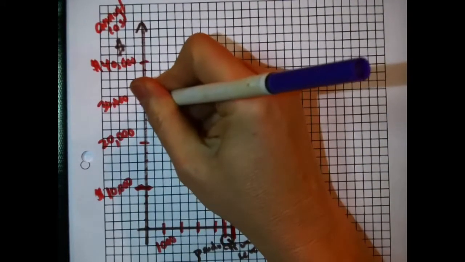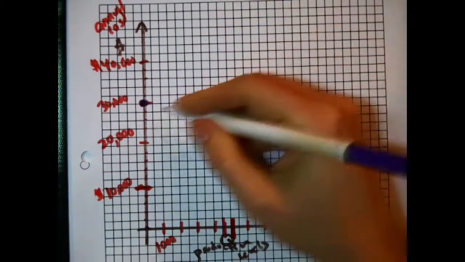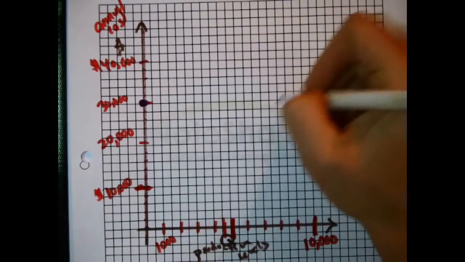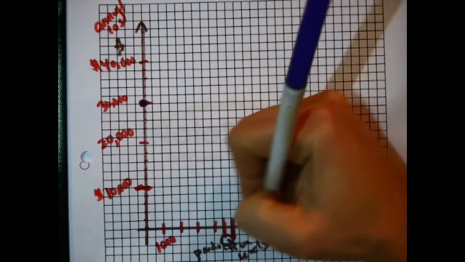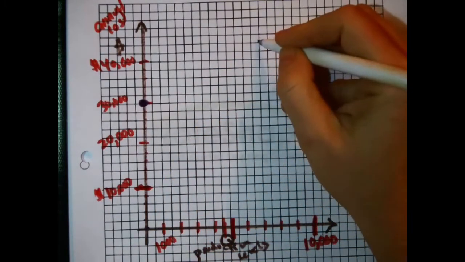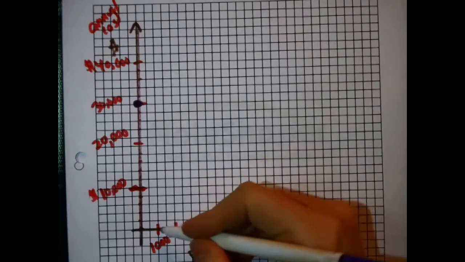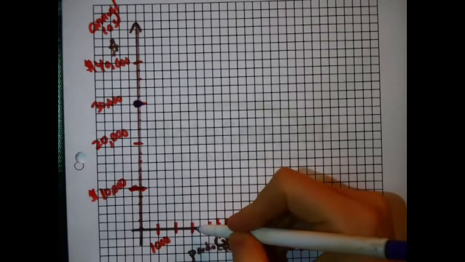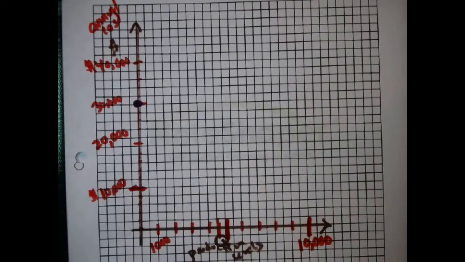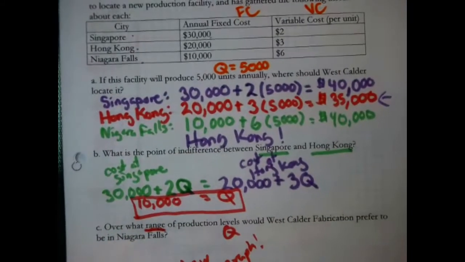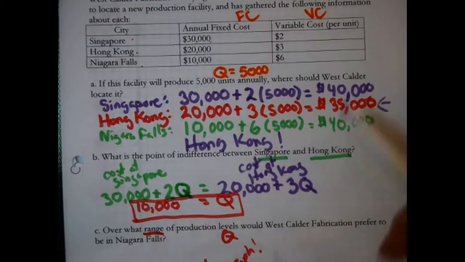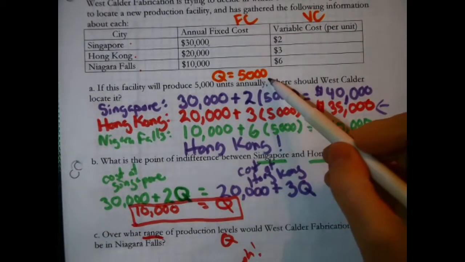It's right here. Now, I only need for Singapore one other point for some certain production level, exactly how much it would cost, and then I'm ready to draw the line. I could pick a number like 1,000 or 3,000, and I could calculate the cost in Singapore, or I could remember that we did do that already, right? We did that in particular for Q equal 5,000.